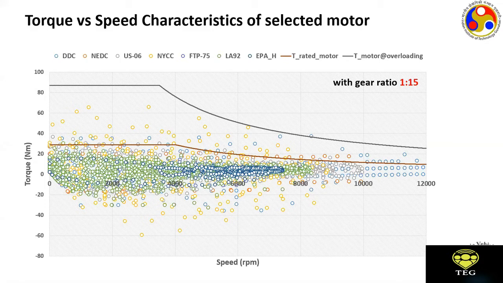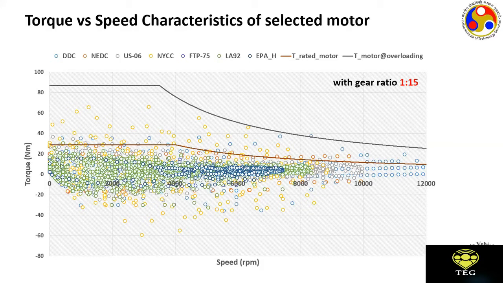Whatever motor you design should give you the brown curve. In the last discussion, we also figured out that every motor can be overloaded. Since these are around 12, 13 kilowatt motors, they are all liquid cooled. That means we can go for an overloading factor of 3 or 2.7, a maximum of up to 3, without any problem.